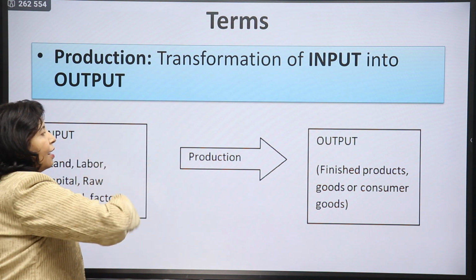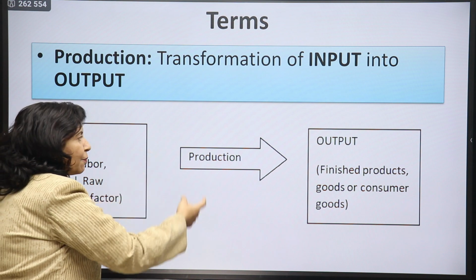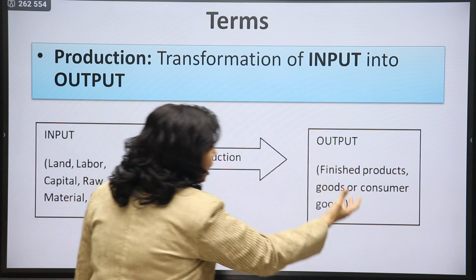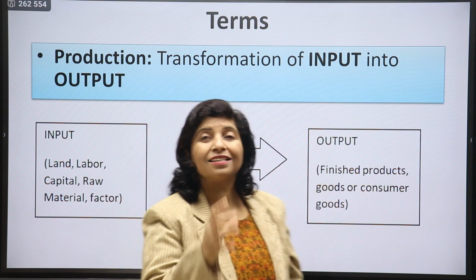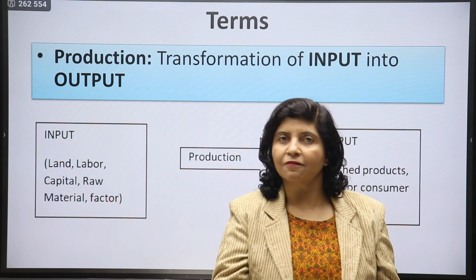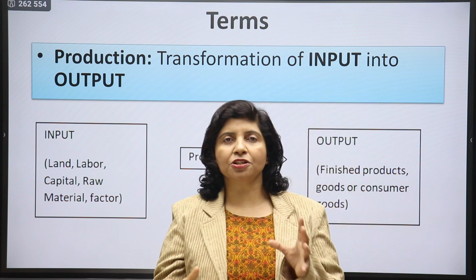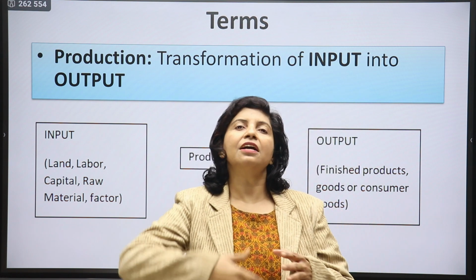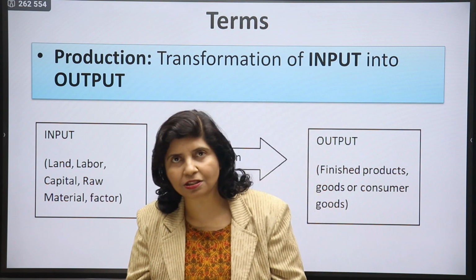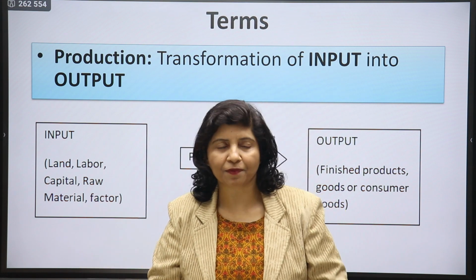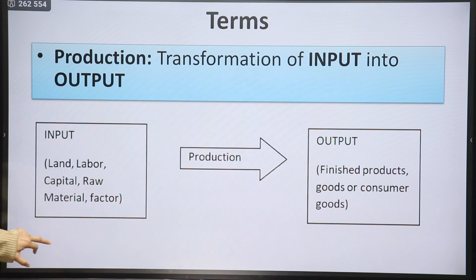Then we undertake the process of production and we give out the output, that is finished products, goods or consumer goods that we normally see in the market, that we purchase after giving money. So production is the process wherein we convert our inputs or factors of production into finished products or goods that we see in market and buy them. Okay, so this is production.